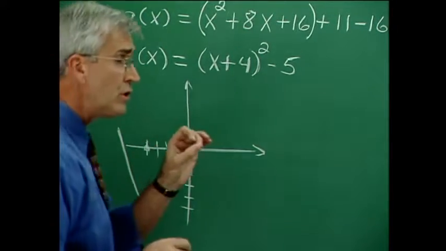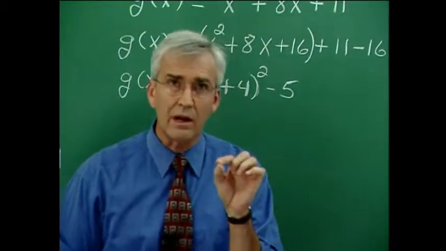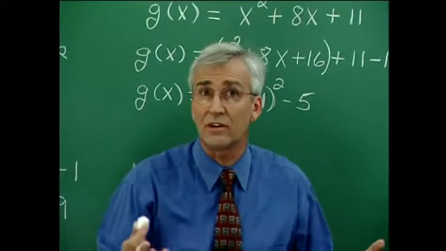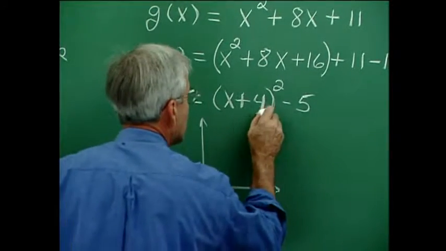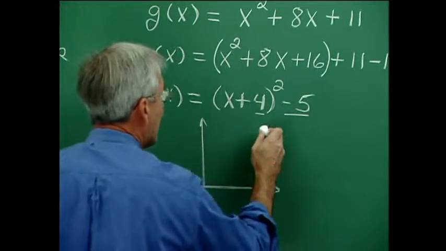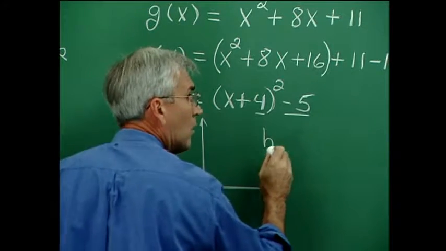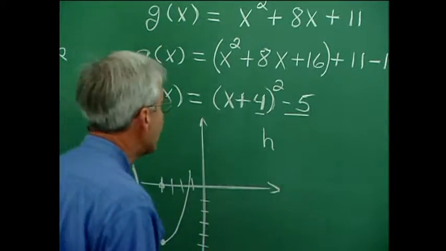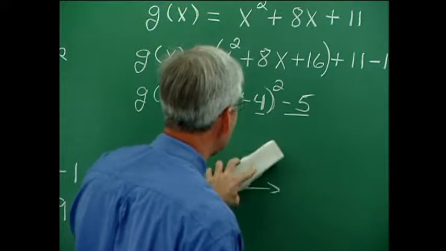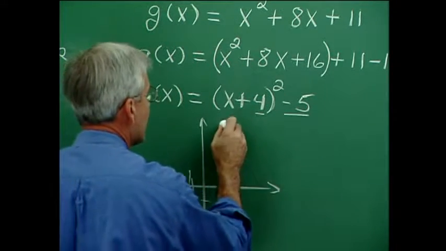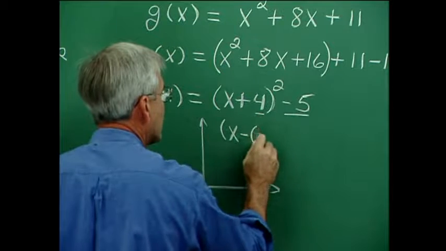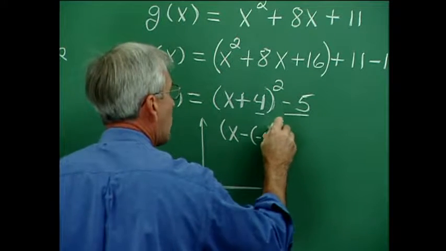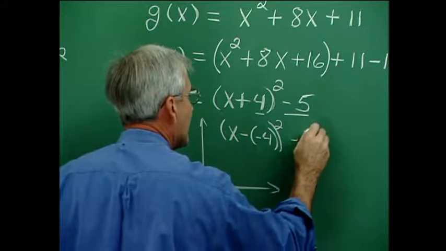Now, if we were using the (h, k) idea, it's very similar. Here's the h, here's the k. So h is, wait a second, h was a number that followed a minus sign. So we have to think about this in a rather creative way. We have to really think about this as x minus negative 4 squared, then minus 5.